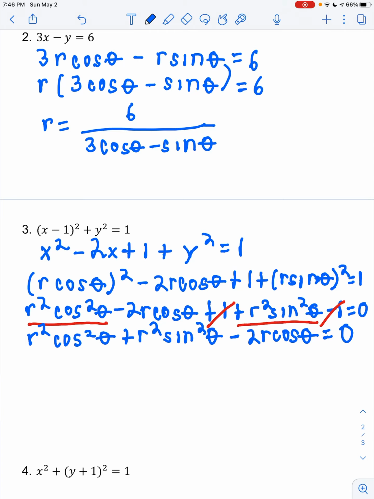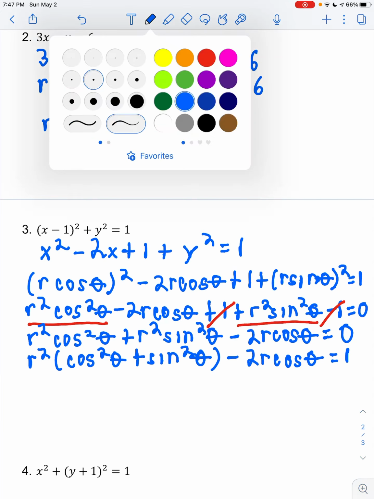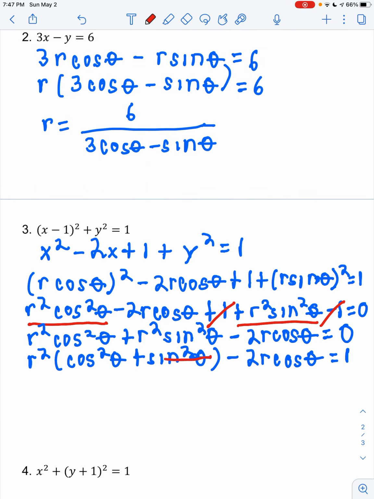The beautiful thing about the first two terms is if I factor out r squared from the first two terms, that's going to leave me in parentheses with cosine squared plus sine squared theta. And we should recognize that that is equivalent to 1. So now we can cross out all of this because that really is equivalent to 1.